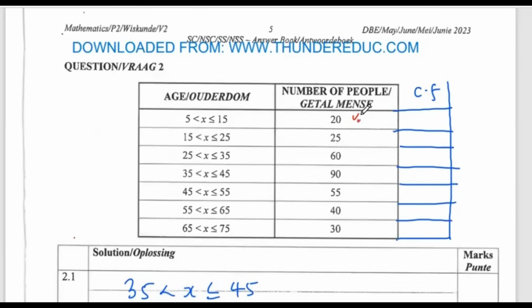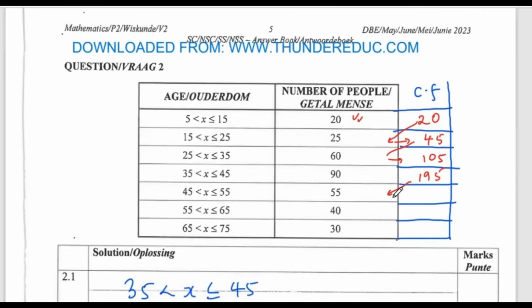How does the cumulative frequency work? The first frequency will represent the first cumulative frequency. Then to get the next cumulative, I just add 20 plus 25, I get 45. Then 45 plus 60, I get 105. Then 105 plus 90, I get 195.